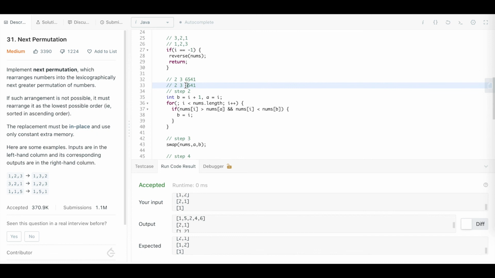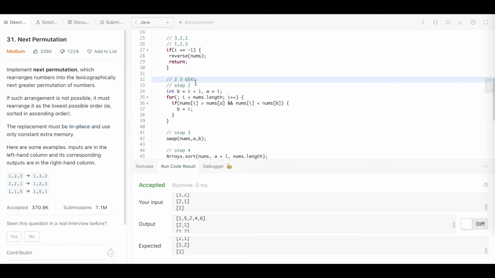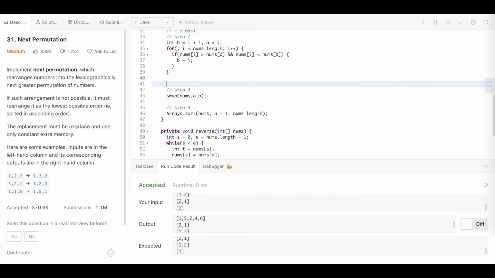So 4, 6 and 5 are all larger than 3, but they are not the closest one. We need to find the closest one that is larger than 3. So now we find both 3 and 4. The step 3 is that we swap 3 and 4.